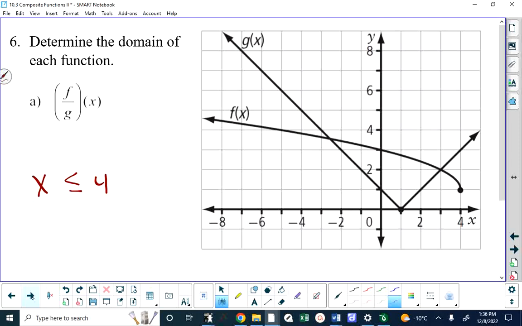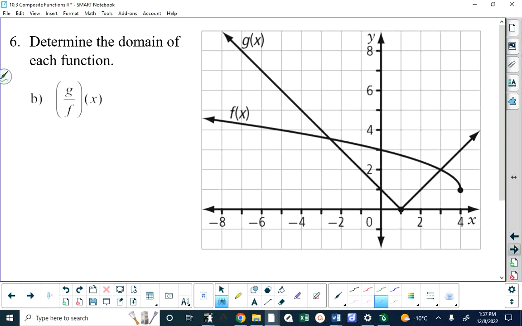That it's not allowed to equal 0? Or that g of x is not allowed to equal 0? Right, that g of x is not allowed to be 0, but g of x is equal to 0 here, so we say x is not allowed to equal 1. Because g of x is in the denominator, you can't have it being 0, and it's 0 when x is 1.